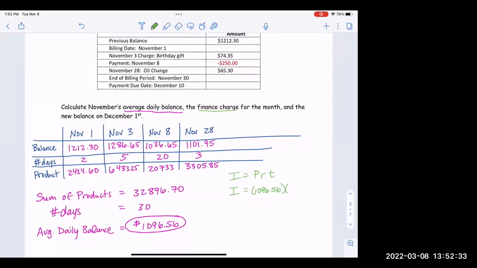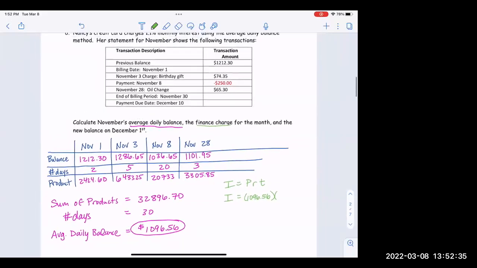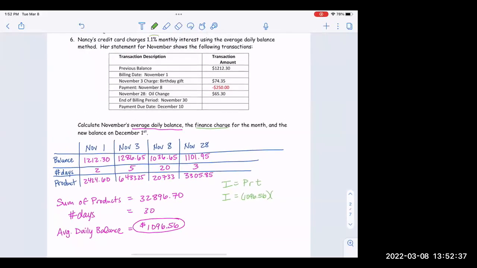And then, let's see, they must have told us the rate here somewhere. Up here. 1.1%, and that is the monthly interest rate. So 0.011. And then T is the time in months. This is just 1 month. This is just the month of November.